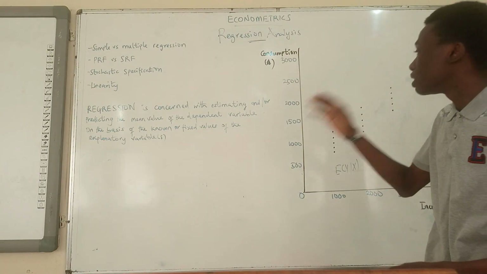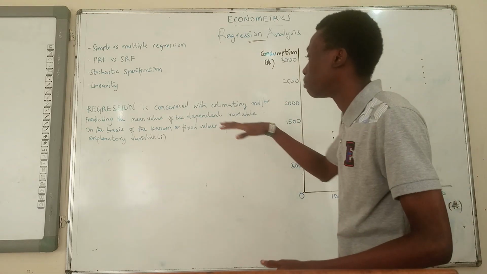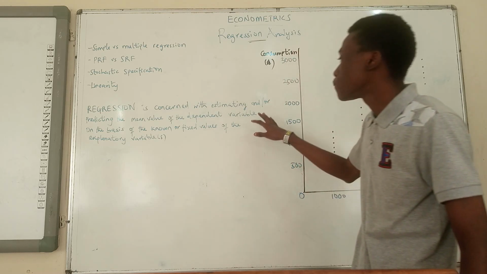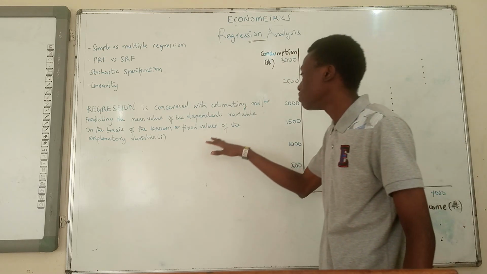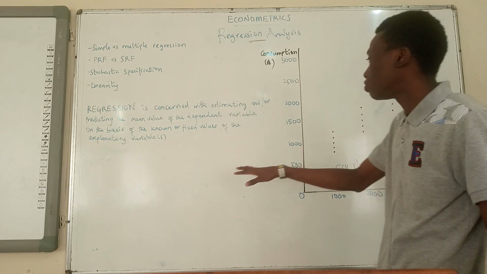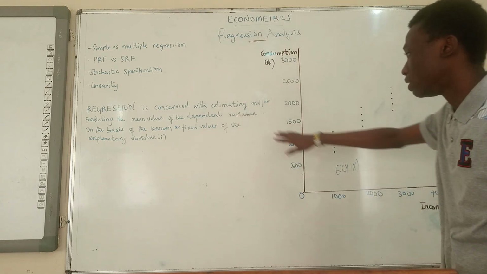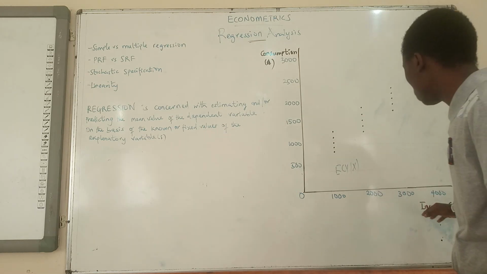So in regression analysis, we are estimating, we are predicting the mean value of the dependent variable on the basis of the known or fixed values of the explanatory variable. So the dependent variable, the y variable, and the explanatory variable or variables, the x variable.